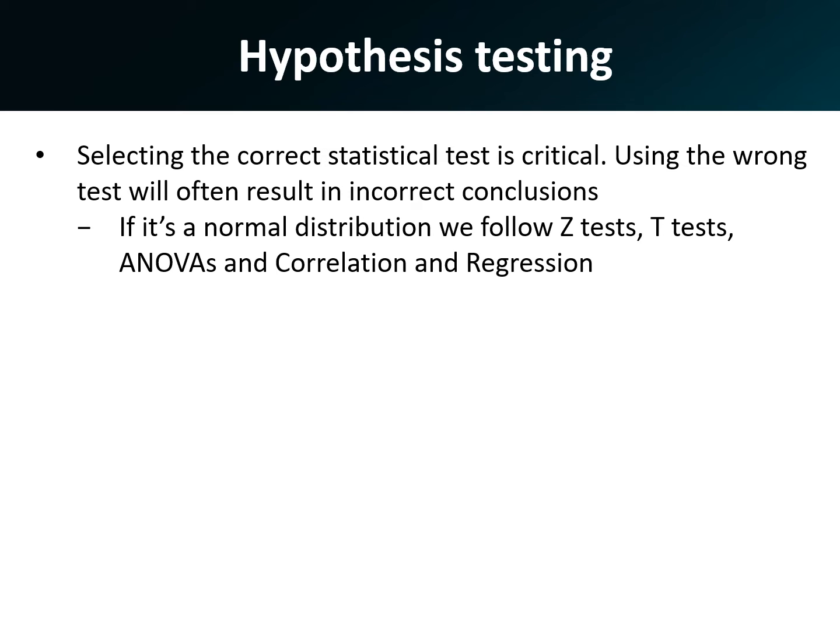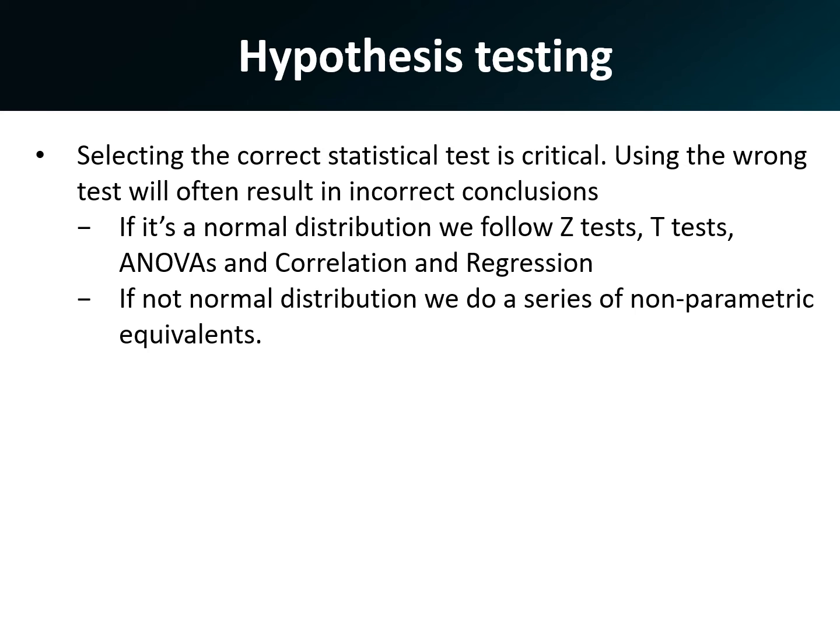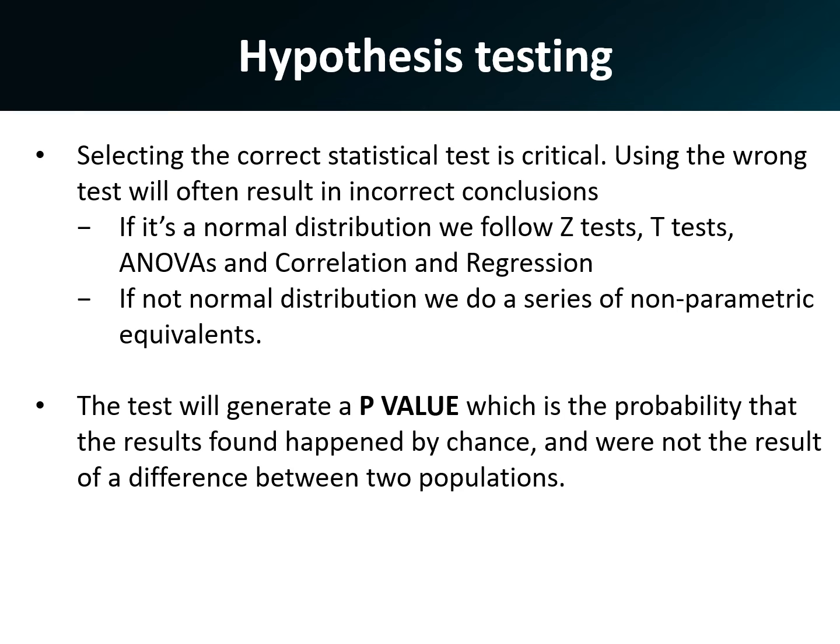So as we said before, normal distribution, we do z-test, t-test, ANOVAs, correlation regression, like scatter plots with the line of best fit, like you saw, and non-normal, again, non-parametric equivalents, and then we get a p-value.